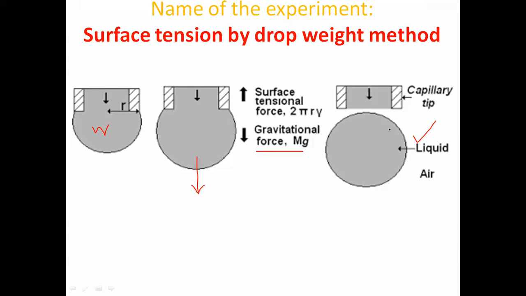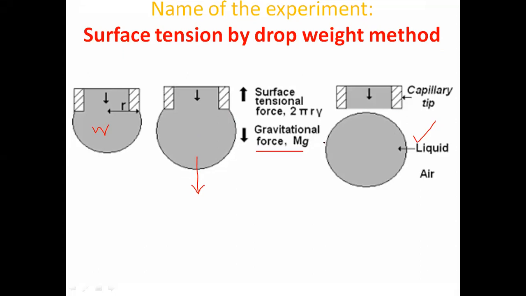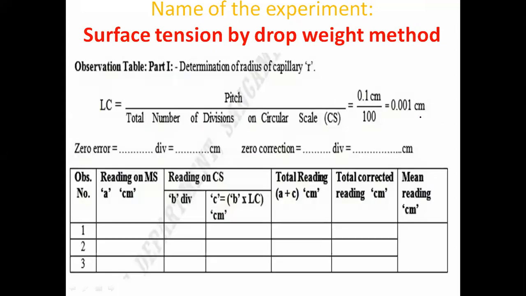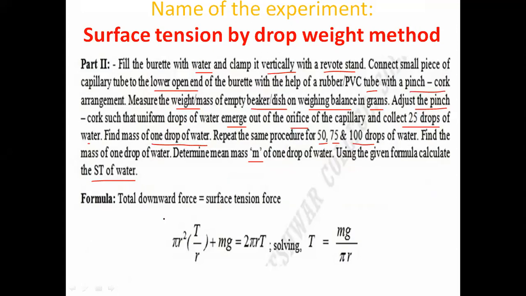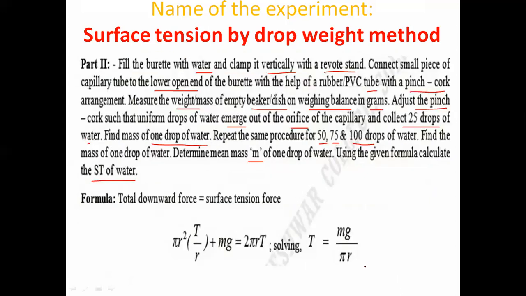It is assumed that the diameter of the liquid drop is equal to the outer diameter of the capillary. Hence we find the diameter of the capillary tube in part 1, and after that we can determine the radius of the capillary tube.